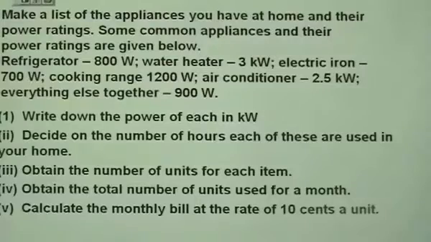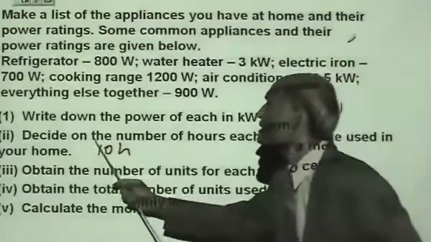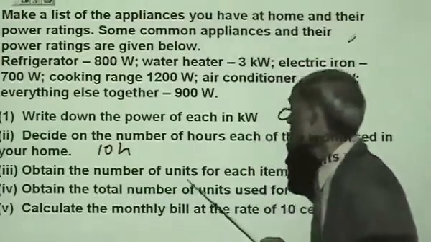Now, the power in kilowatt of the refrigerator is 0.8 kilowatt, and the number of hours will be, let's say, 10 hours a day. So your refrigerator of 0.8 kilowatt is used for 10 hours a day. Now obtain the number of units.